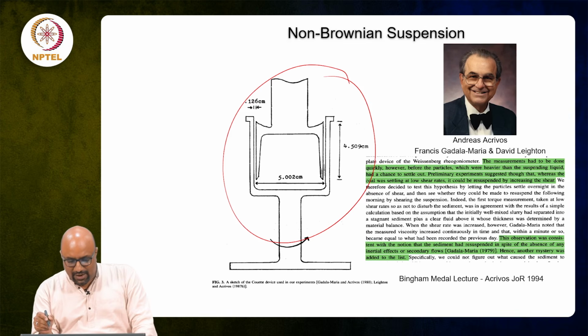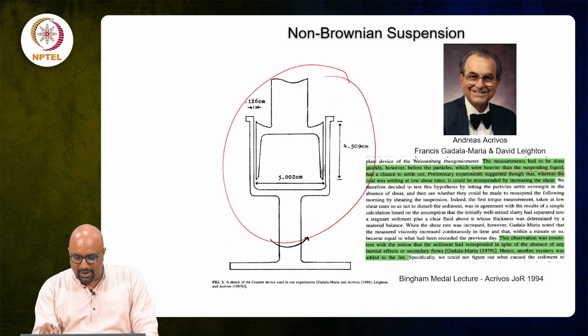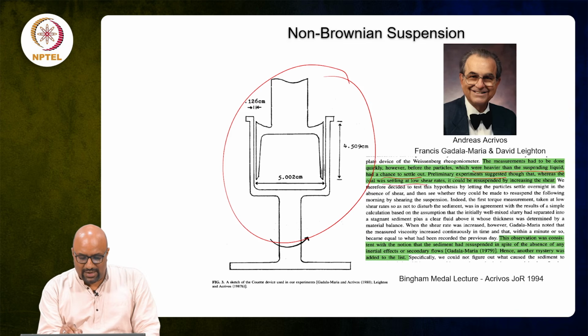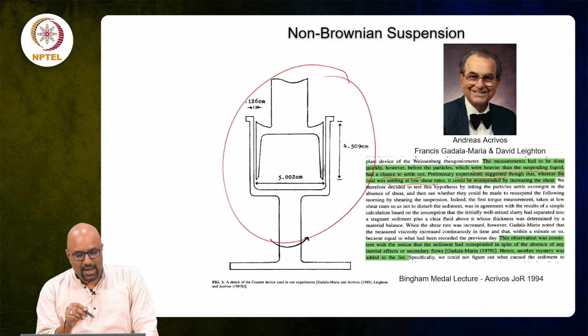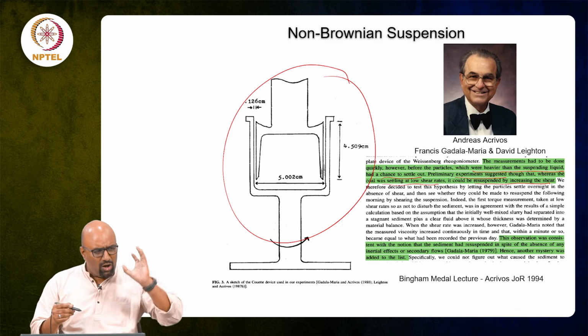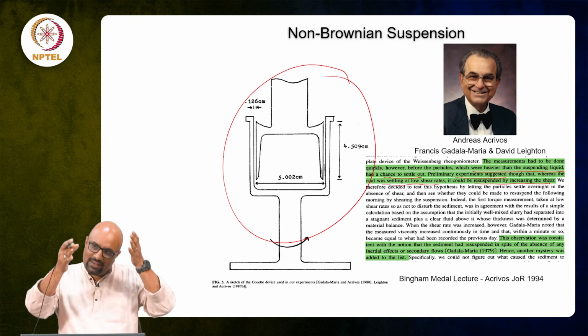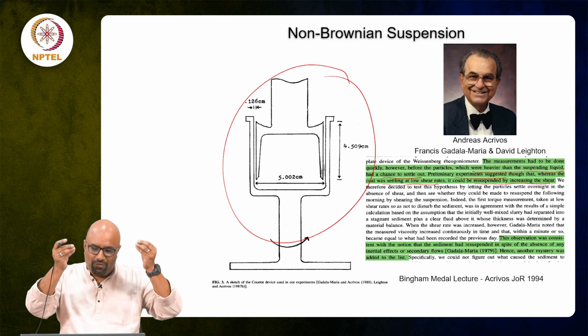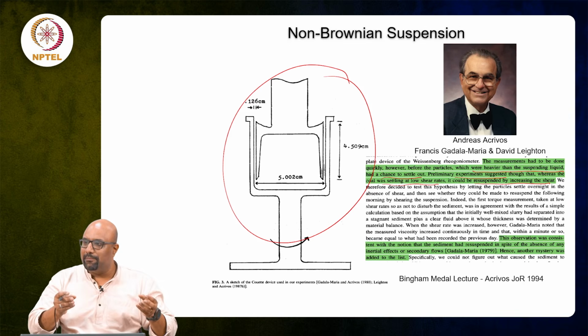So the part that I have highlighted here: they were interested in that they were heavier than the suspending liquid and had a chance to settle out. Preliminary experiments suggested that whereas the coal was settling at low shear rates, it could be resuspended by increasing the shear, which means when you are looking at this on a long time scale, obviously the fine particles are basically sedimenting.